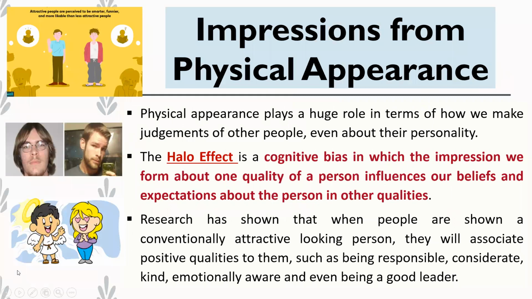Now, we make impressions. When we're making our impressions of other people, we tend to make impressions based on characteristics and behavior that we can observe. But, you know, as humans, we are quite superficial beings, and we do make impressions from physical appearance, even if it is a little bit controversial, even if it's something we don't want to admit.